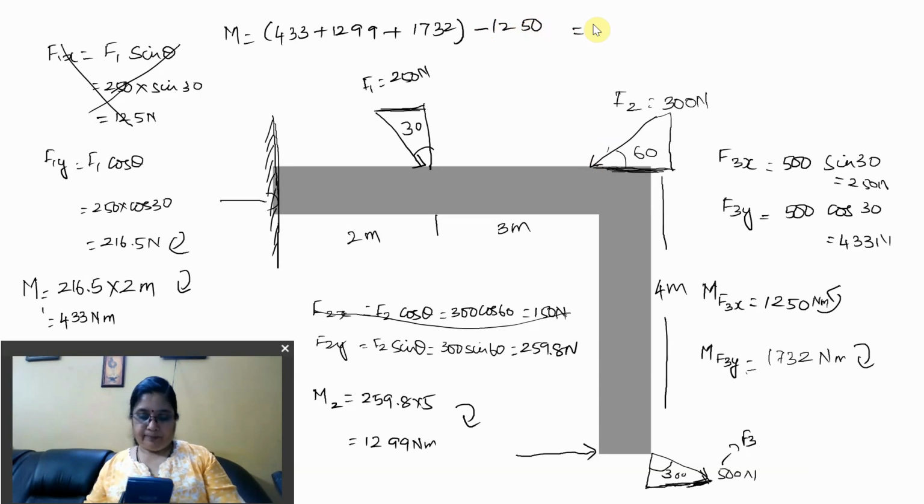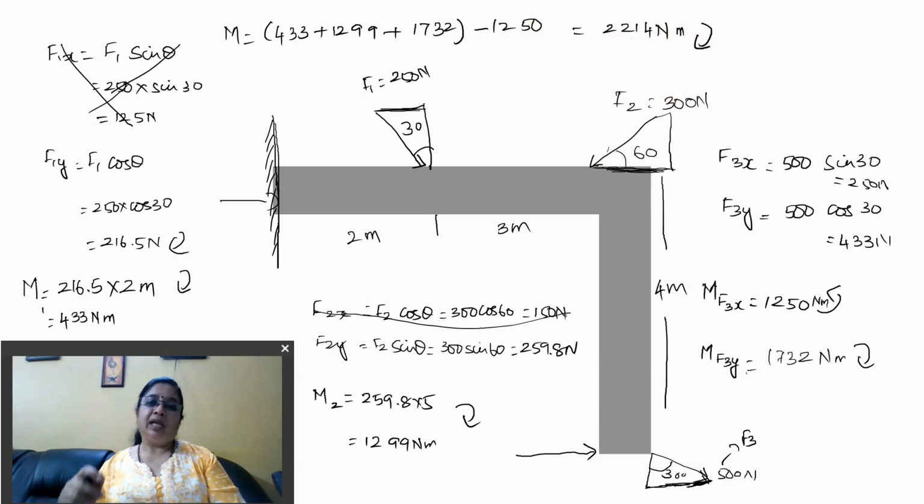So what do I get here? 433 plus 1299 plus 1732 minus 1250 is equal to 2214 Newton meter in the clockwise direction.